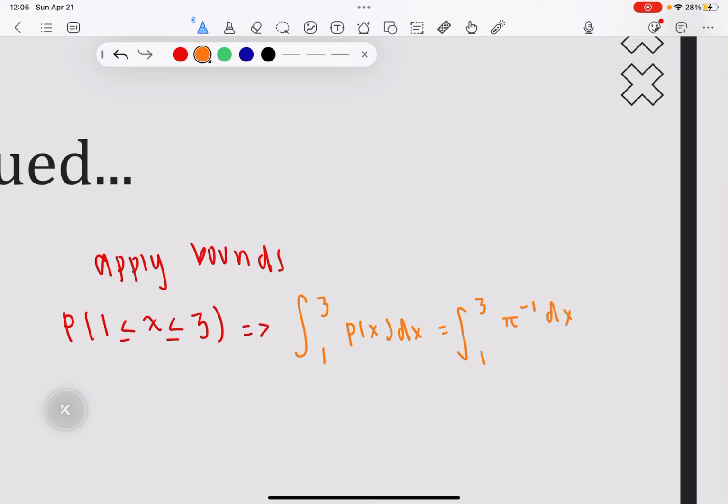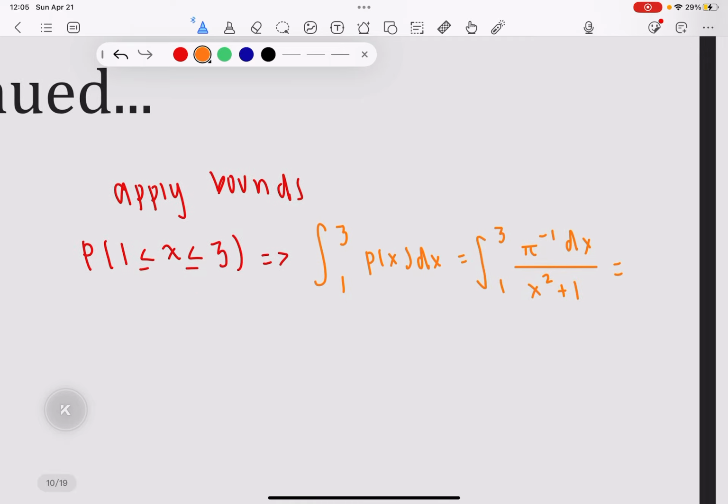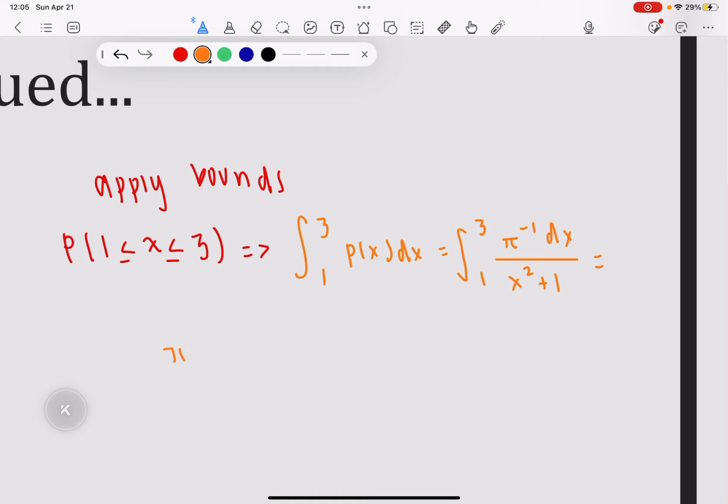So we're basically just plugging in values that we know and that are given. And then once we plug that in, it's just going to be this 1 over pi times tangent inverse of 3 minus tangent inverse of 1.